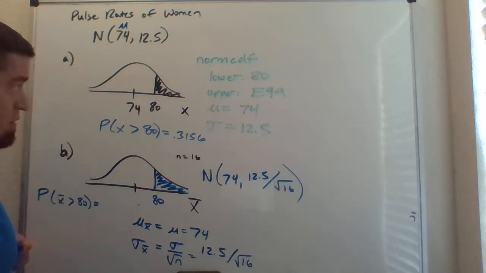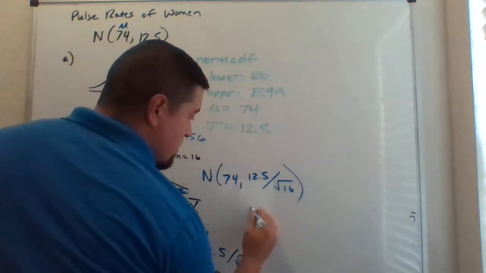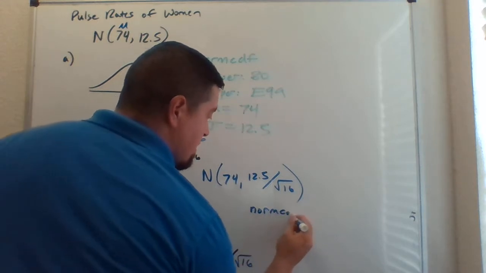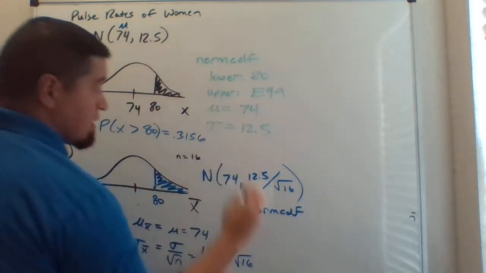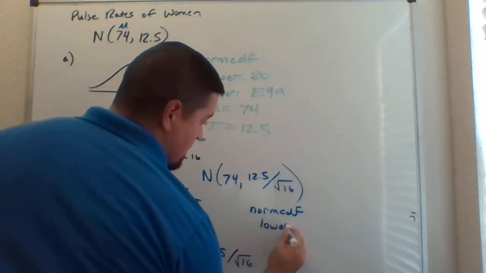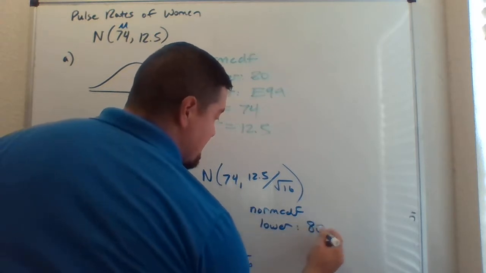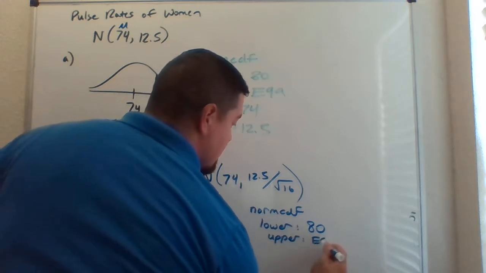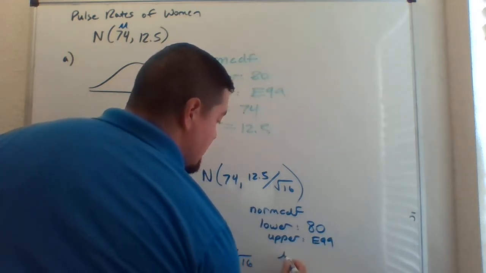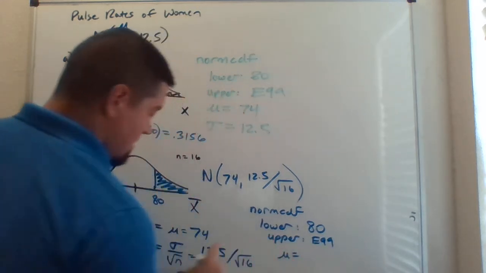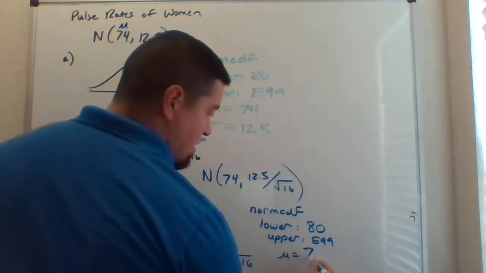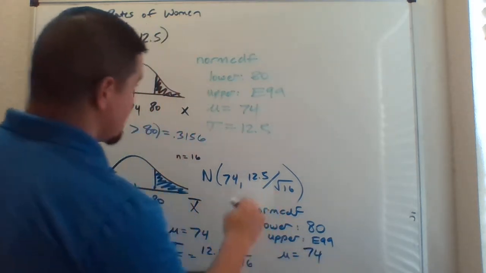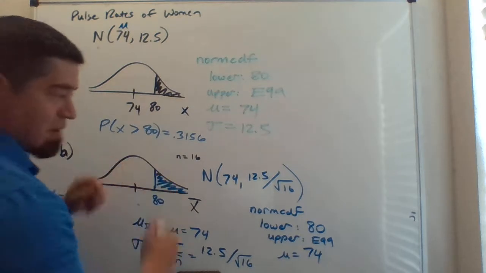So then how are we going to do this? We'll take a similar approach. Normal CDF. This time the lower is still 80. The upper is still infinity, so that didn't change. The mean is still going to be 74 because they should be the same. The mean of the population should be the mean of the sampling distribution.